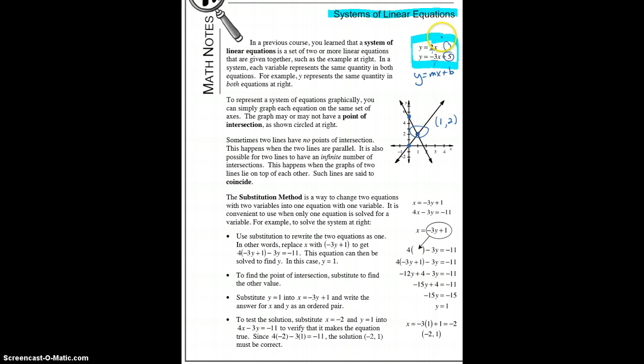That means when I plug in 1 here and here, I should get 2 for both of my answers. 2 times 1 is 2. Negative 3 times 1 is negative 3 plus positive 5 also gives me 2. So there is the solution graphically.